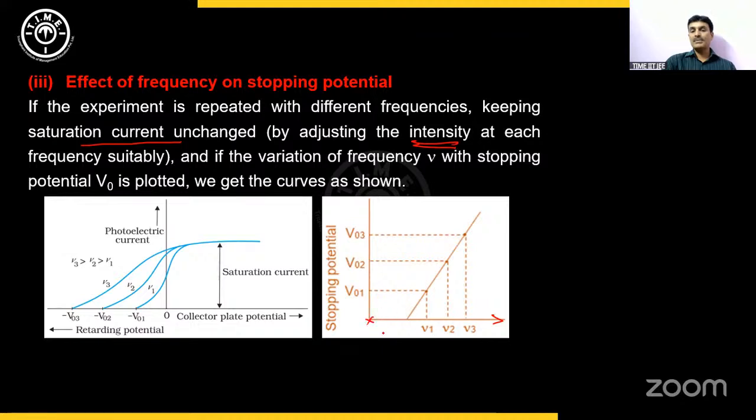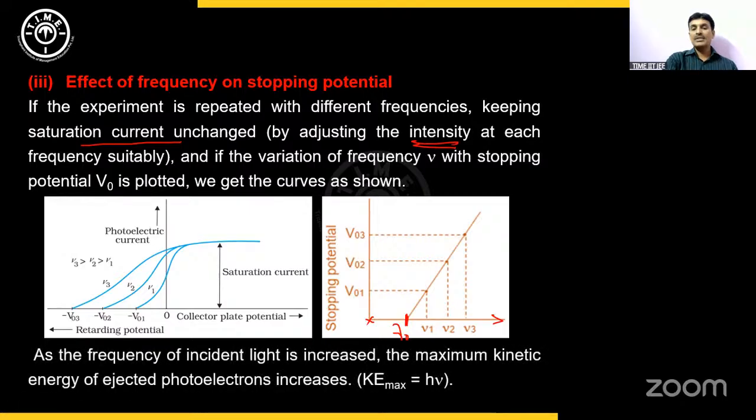Stopping potential becomes 0 for a certain frequency, that is called nu naught, and that nu naught is known as the threshold frequency. As the frequency of incident light is increased, going this way, the maximum kinetic energy of the ejected photoelectrons is going to increase.